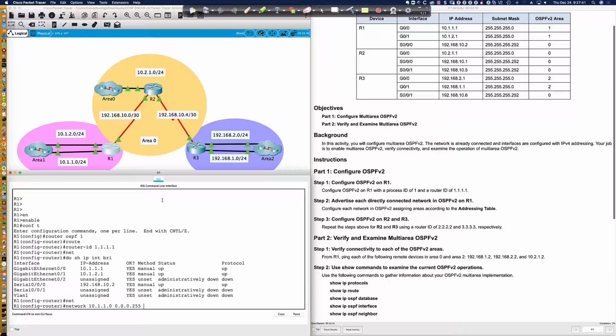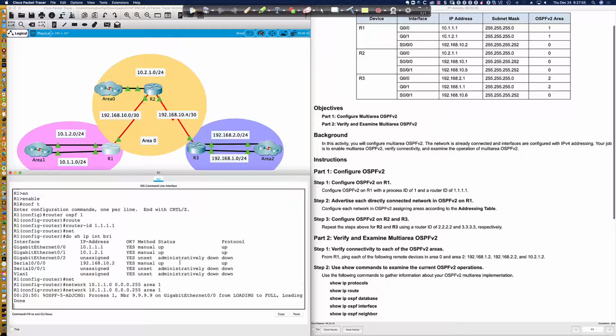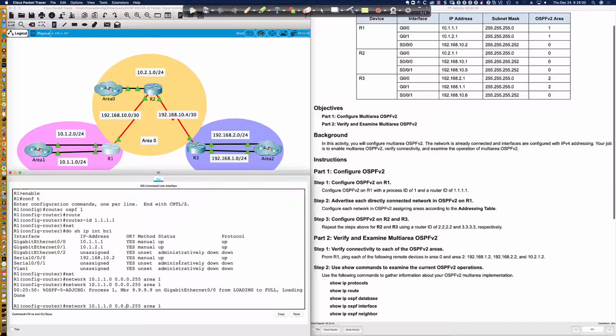All right, so we're going to say area 1. And we did get a lot of points for that, so this is exactly how they want to see it. So now we've got gig 0/1, and that is also going to be in area 1, but the network ID, and I was not anticipating that to happen, the network ID for the network statement is going to be 10.1.2.0, and it's a /24, and that is the other gigabit interface on this router that goes to sort of this innocuous cloud over here, this area 0, right?